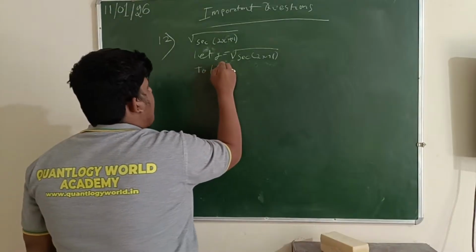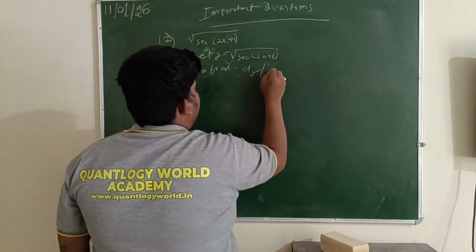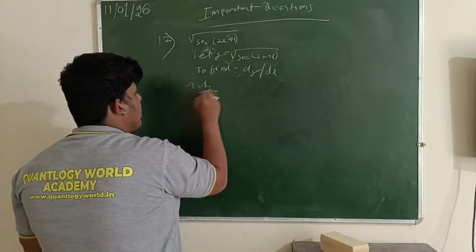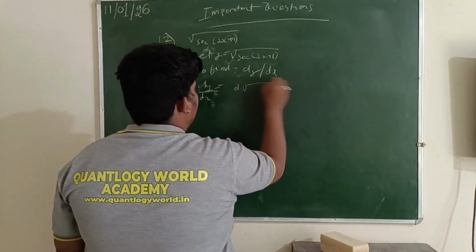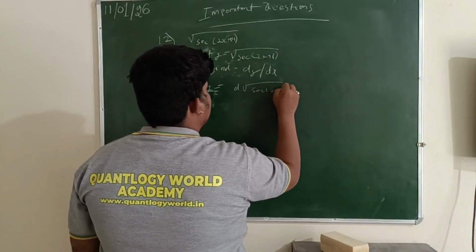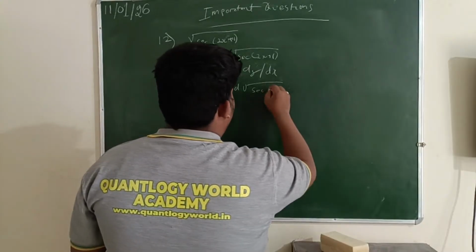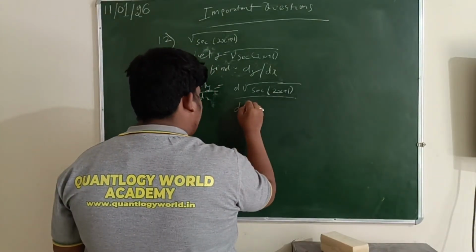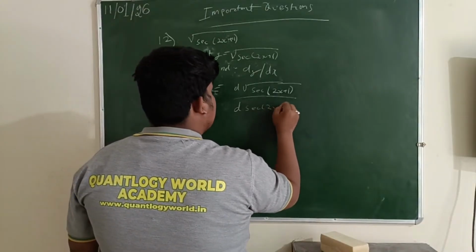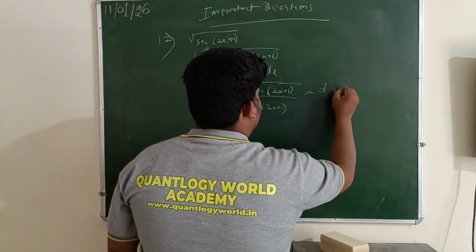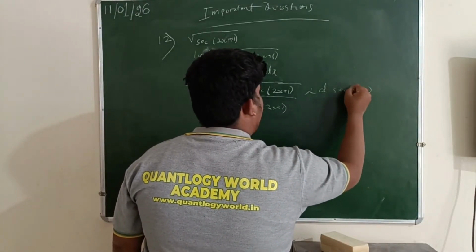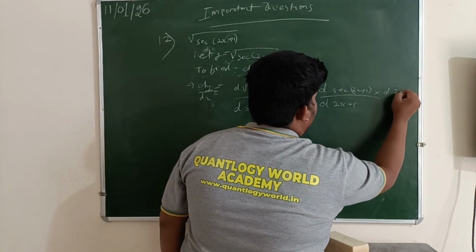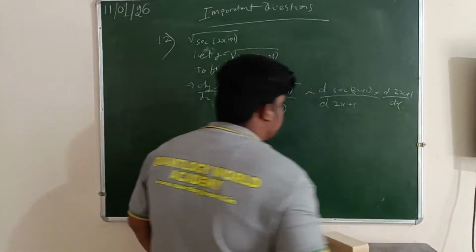Then to find dy by dx, dy by dx equals d root over of sec 2x plus 1 by d sec 2x plus 1, into d sec 2x plus 1 by d 2x plus 1, into d 2x plus 1 by dx.